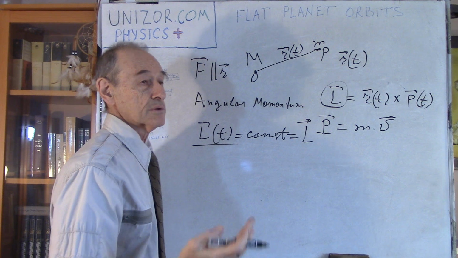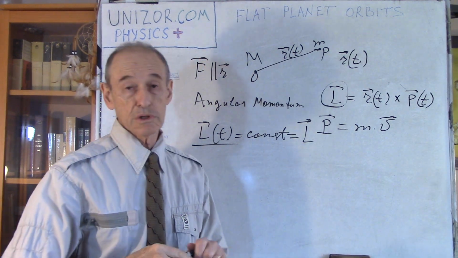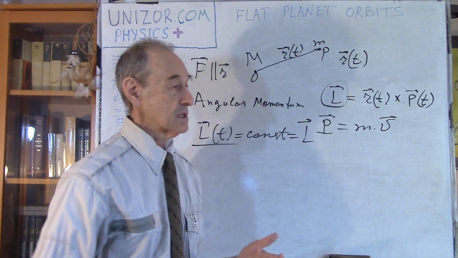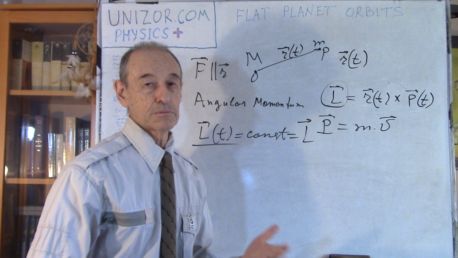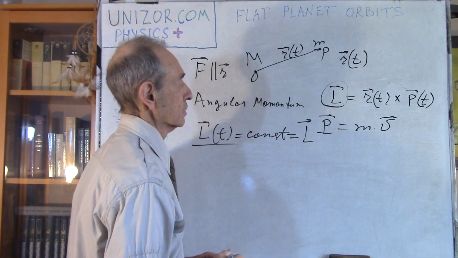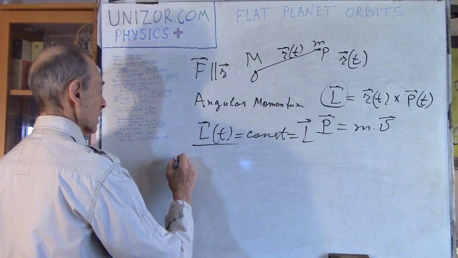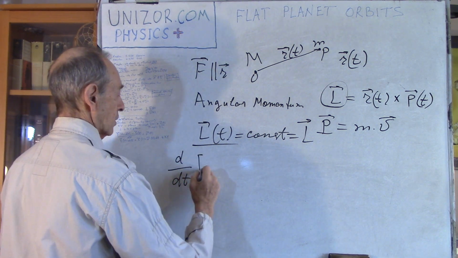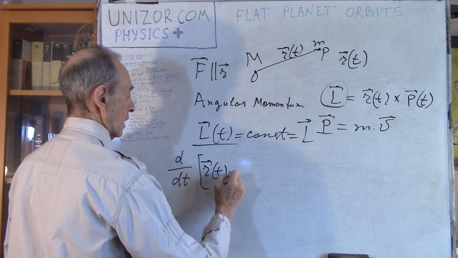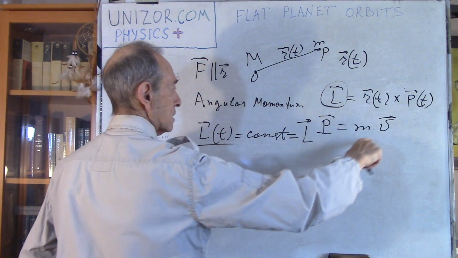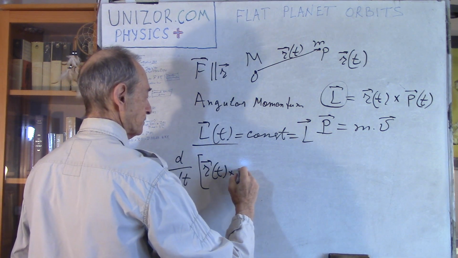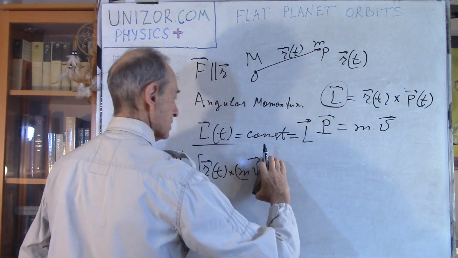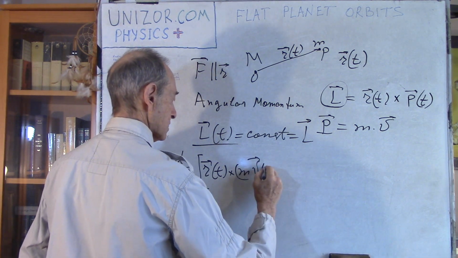When I'm talking about the derivative of a vector, in Cartesian coordinates, I mean the derivative of each coordinate, x, y, and z. So it's just a shorter notation, if you wish. Okay, so let's take the derivative d by dt of r times, instead of p, I will have mv. And v is a function of t. Mass is constant, obviously.